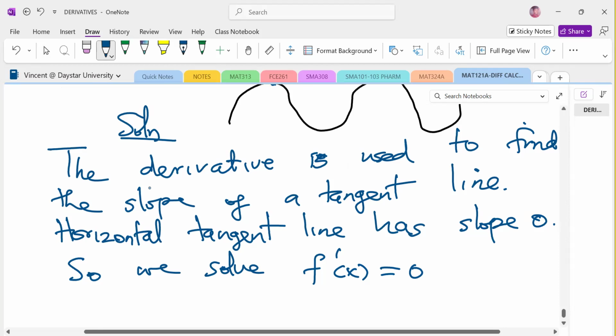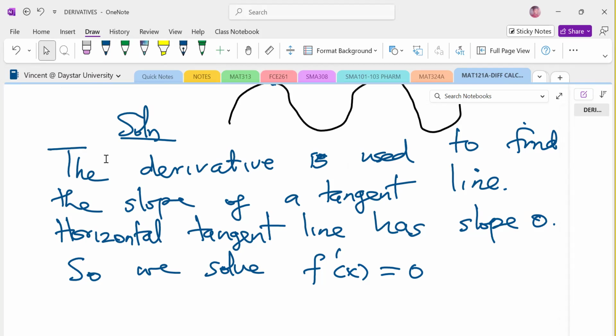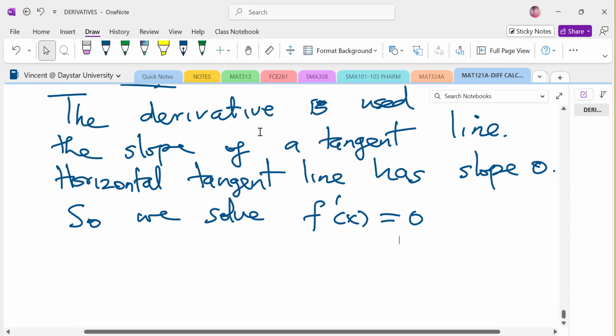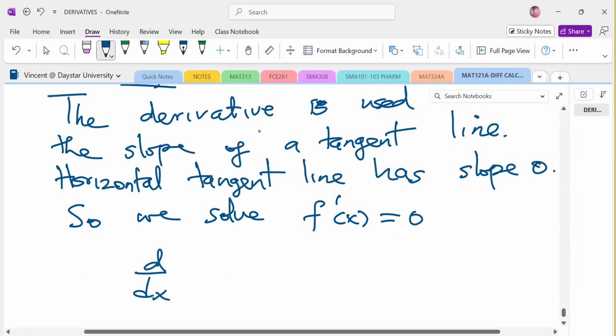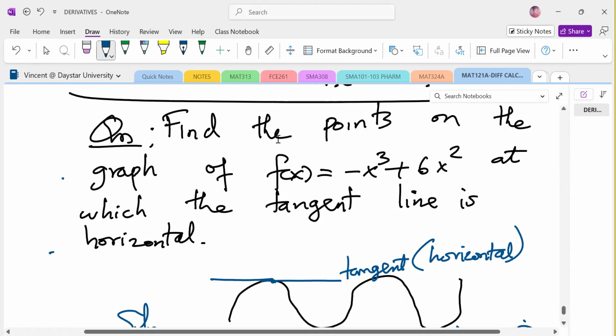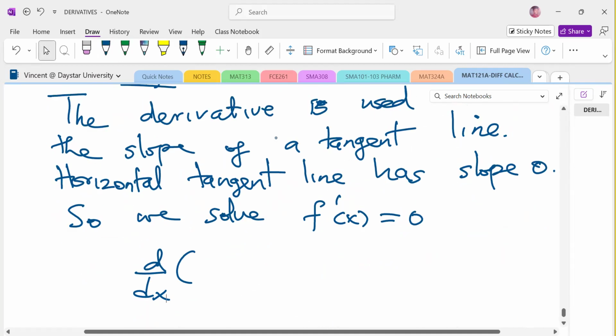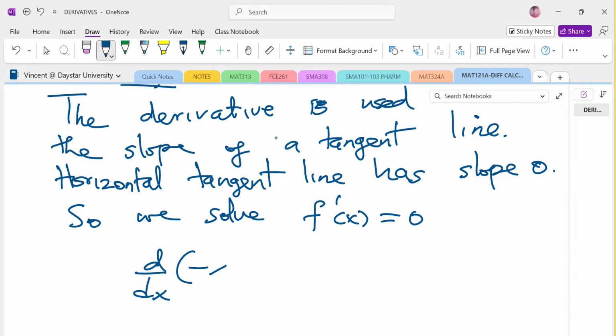Because we know when we get the derivative, it will give us the gradient function on that curve. And then at a specific point, when we draw the tangent, if it is horizontal, then the slope must be 0. So now it reduces to finding d dx of this function, minus x cubed plus 6x squared, and then we equate this to 0.